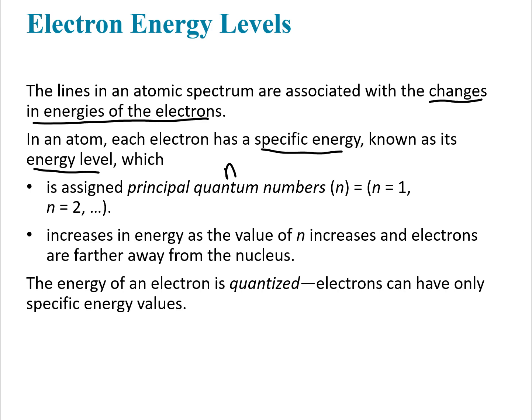I may also refer to it as the main energy level. Those are all the same thing. As you increase the energy, you're increasing the value of N. So N equals 1 versus N equals 5. N equals 5 is going to have a higher energy.